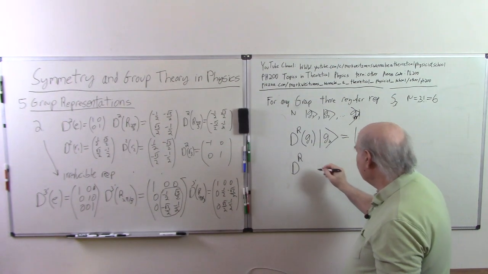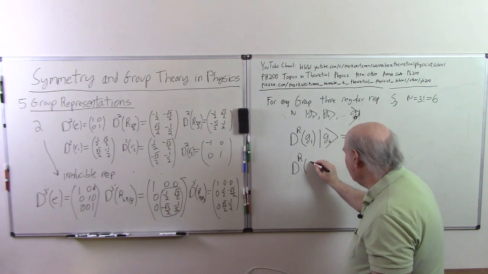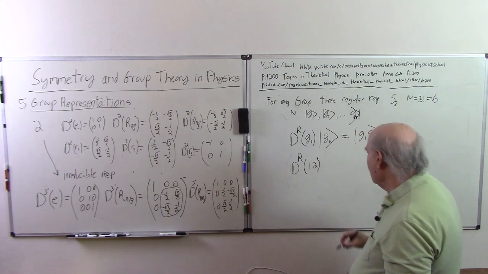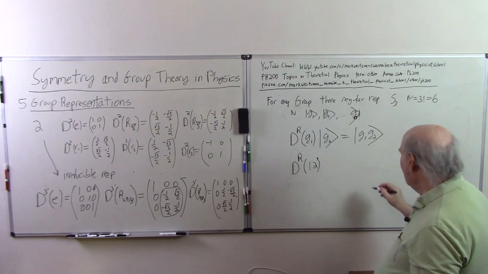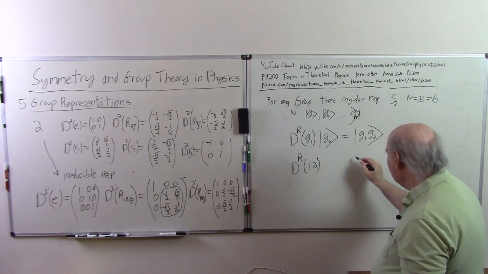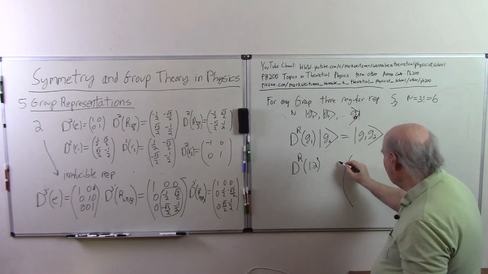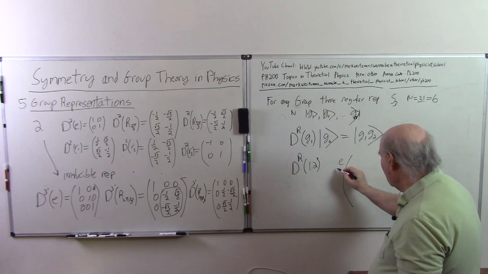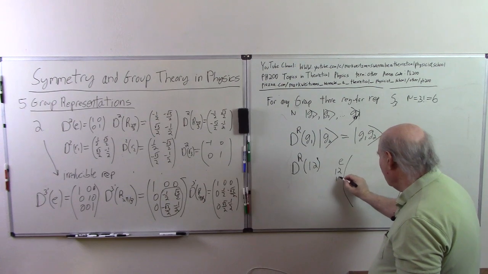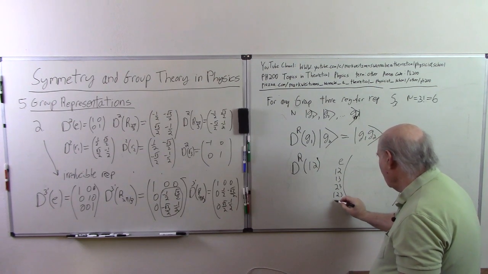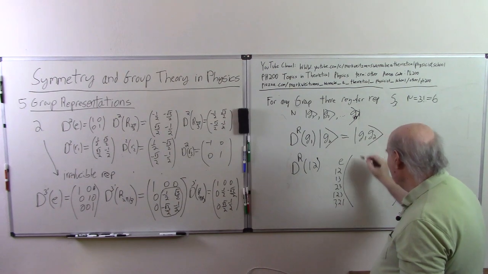But let's do DR of (1 2), for S3. What we can do is make this big matrix, labeled by E, (1 2), (1 3), (2 3), (1 2 3), (3 2 1).